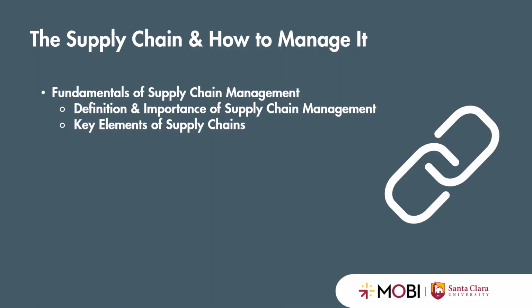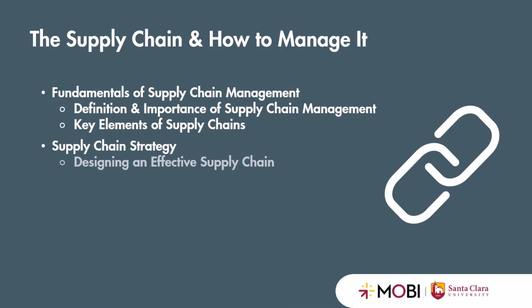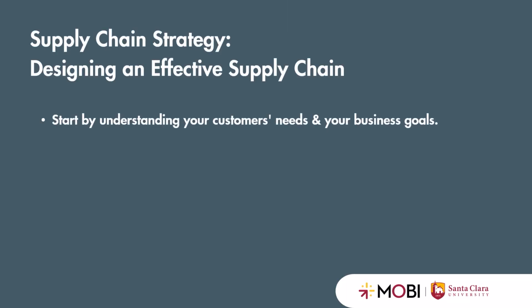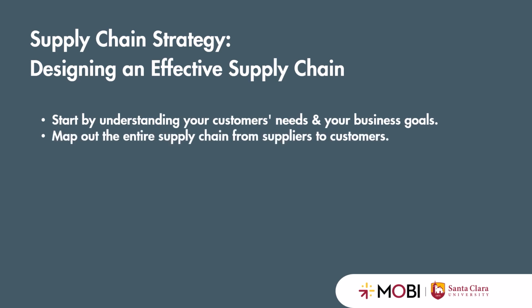Now, we move on from fundamentals to supply chain strategy, beginning with how to design an effective supply chain. To design an effective supply chain, start by understanding your customers' needs and your business goals. Map out the entire supply chain from suppliers to customers and identify key areas for improvement.